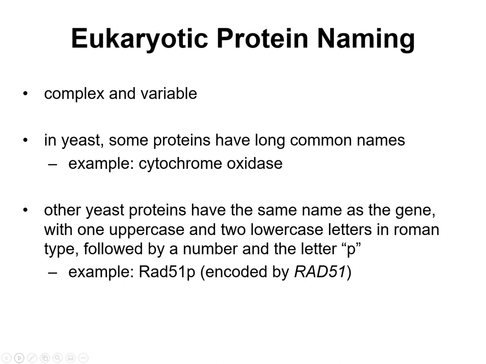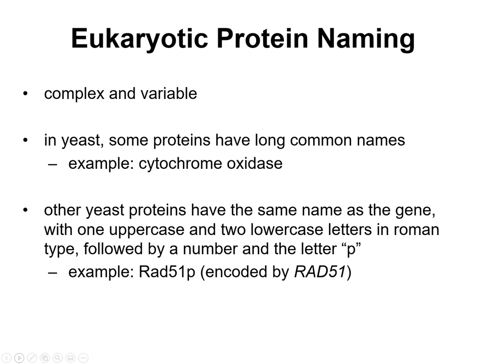It's complicated, I'm sorry. In yeast, you have some proteins that have long common names like cytochrome oxidase. But there are other proteins that are named the same as the gene, so just like in bacteria, only they have the letter P after them to emphasize the fact that it's a protein.